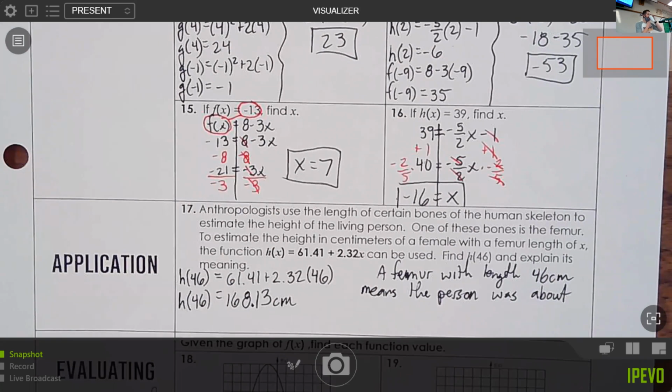I realize people are writing right now, so I'll give you a second to get that written down and then think about this question real quick.